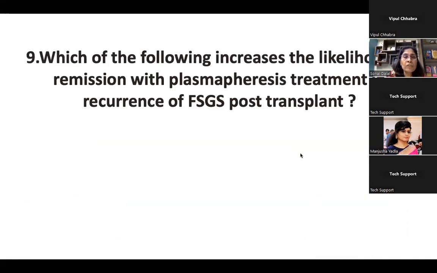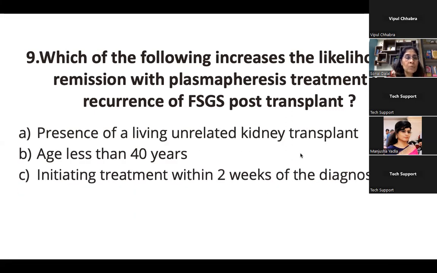Question number 9. Which of the following increases the likelihood of remission with plasmapheresis treatment in recurrence of FSGS post-transplant? Option A, presence of living unrelated kidney transplant. Option B, age less than 40. Option C, initiating treatment within 2 weeks of the diagnosis. Which has the best chance? Your time starts now.